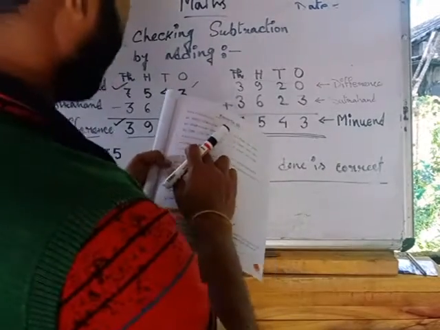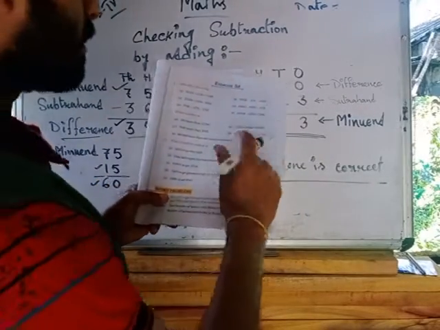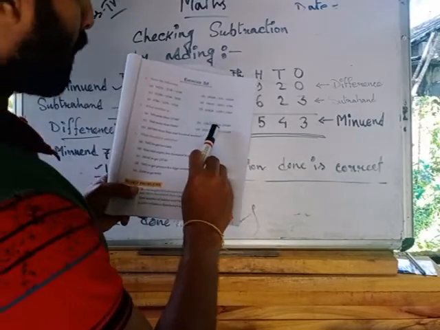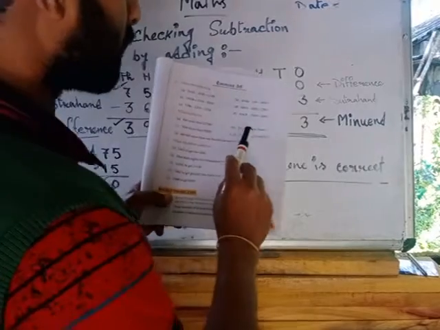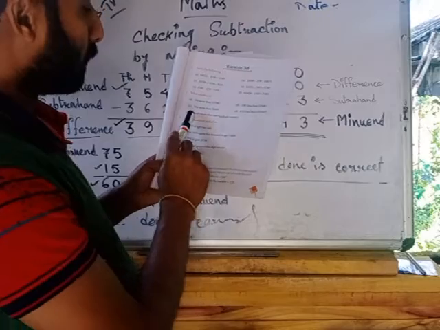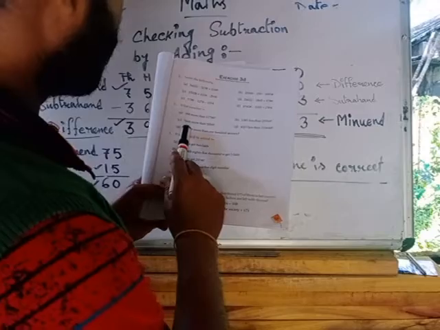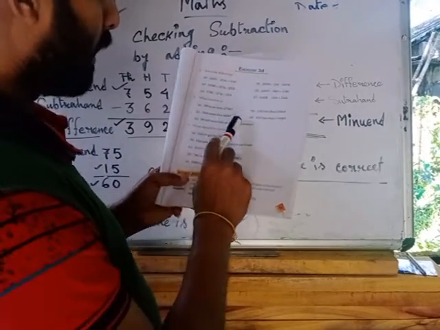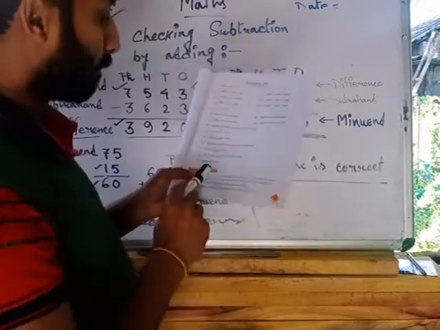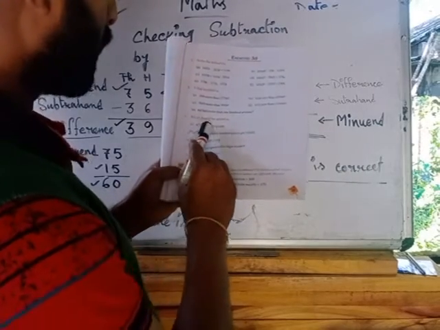If it is more than, that means you should add the number. If it is less than, that means you should subtract this number from this number. This number more than 170, you should add it with 170. What should be added to this number to get 2 lakhs?